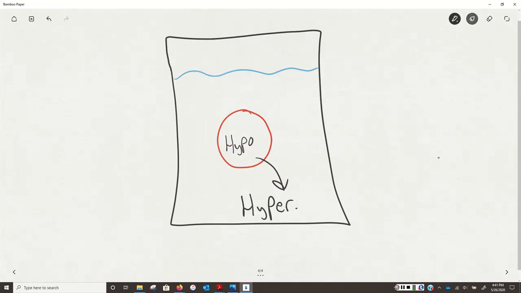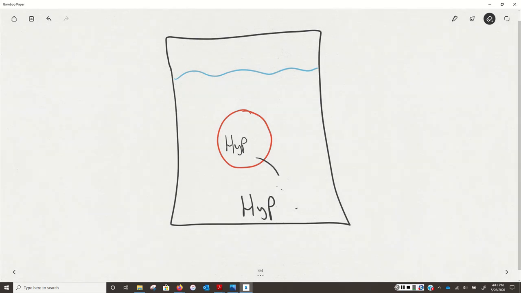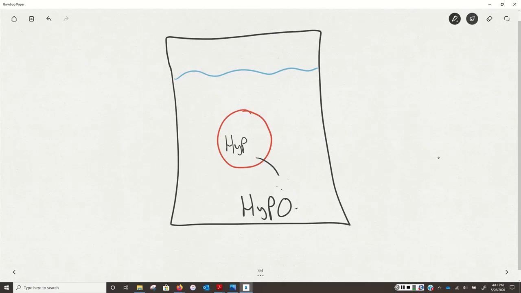But what happens if a cell is placed into a hypotonic solution? That means the cell is hypertonic. So it has more solutes inside, and those solutes are going to suck water into the cell.